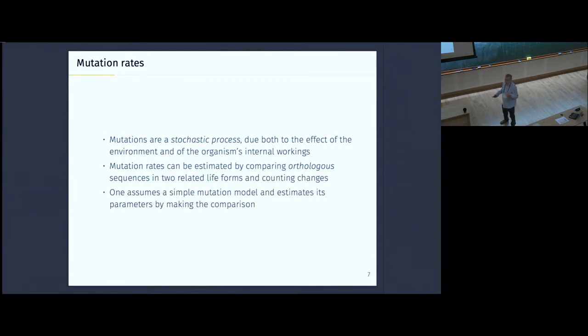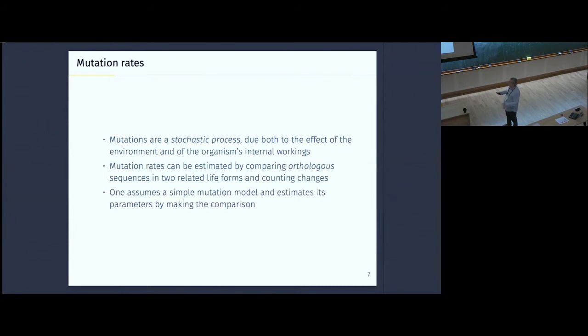So there are biological aspects, and there are also physical aspects that we all know, for instance radiation or chemicals which act on the DNA and so on. So they are due both to the effects of the environment and to the organism's internal workings.